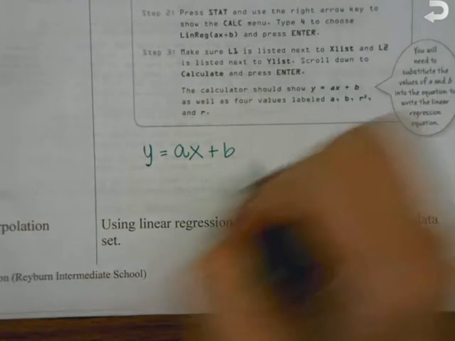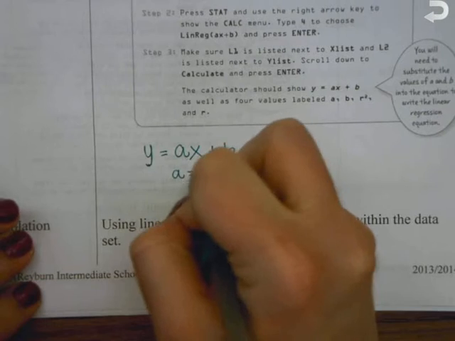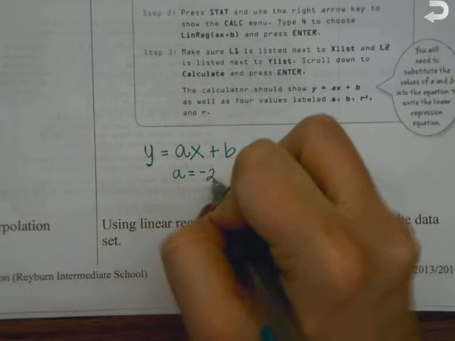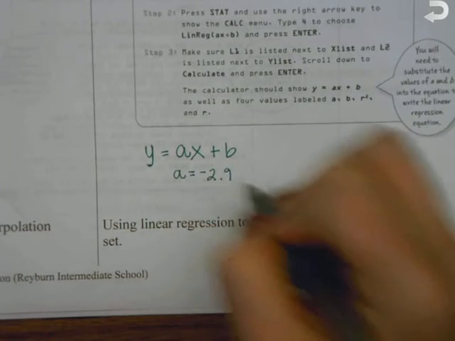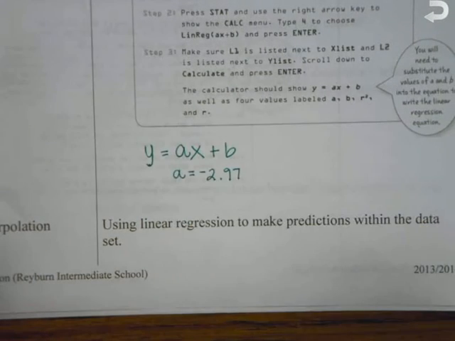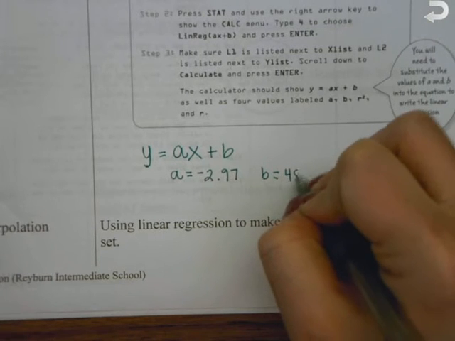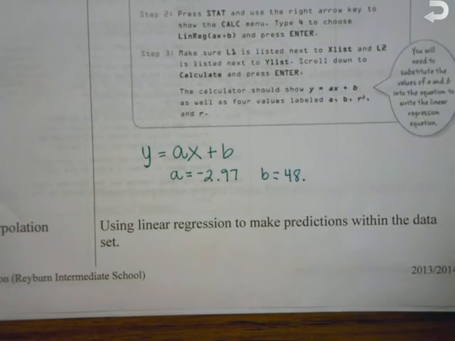So in this case, underneath write a equals, just so in your notes you know where you got these values. Let's round to the nearest hundredths place. So a is negative 2.97, and b is 48.89.